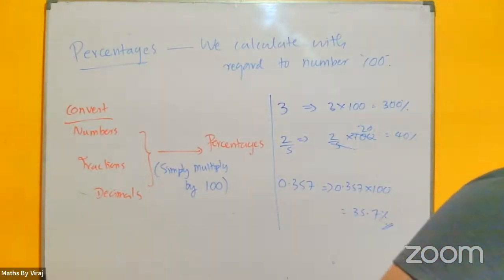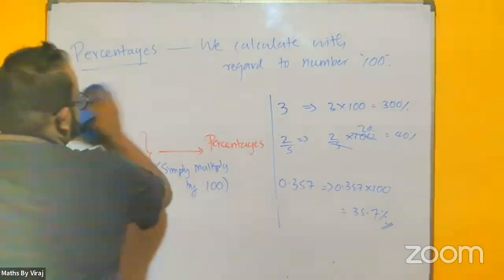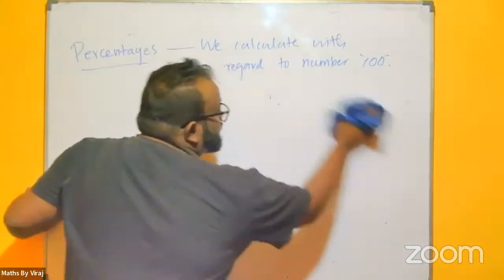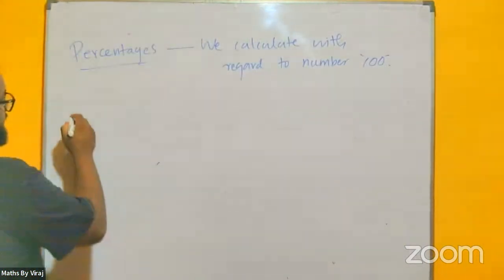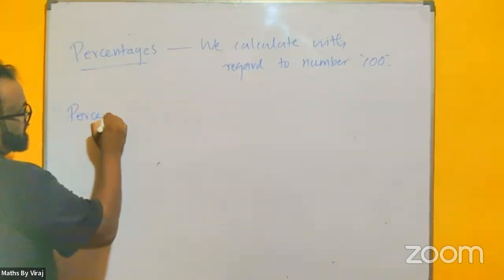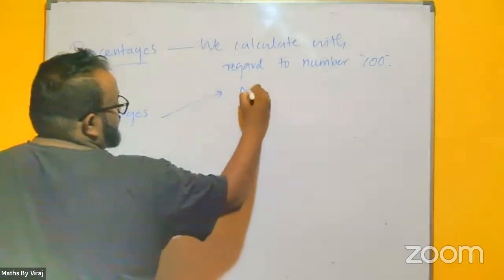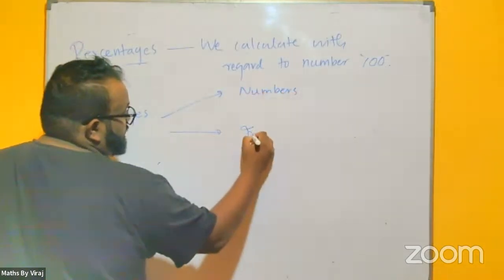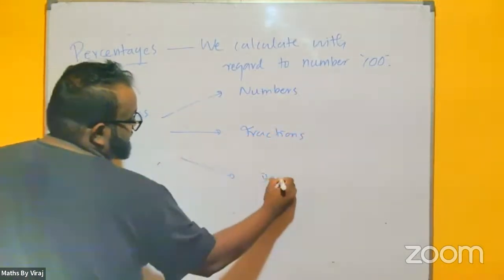That being said, how do we convert it the other way around? How do we convert percentages to numbers, fractions, and decimals?